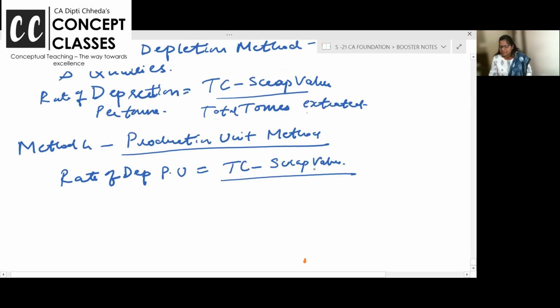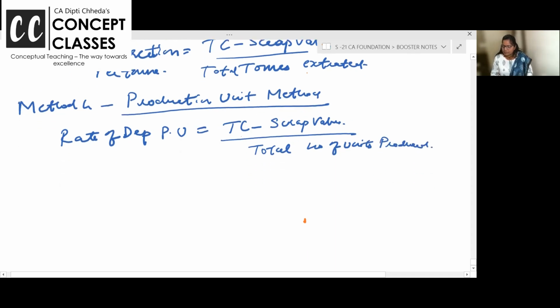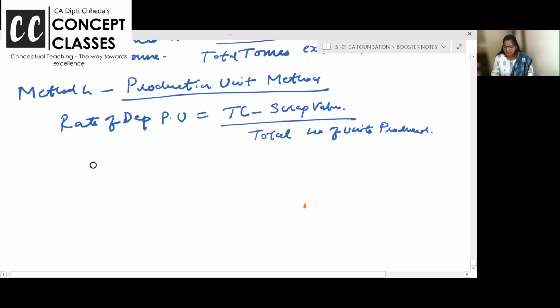Total cost minus the scrap value divided by total number of units produced. This is the rate of depreciation. And then you multiply with the number of units produced, so you will get it.